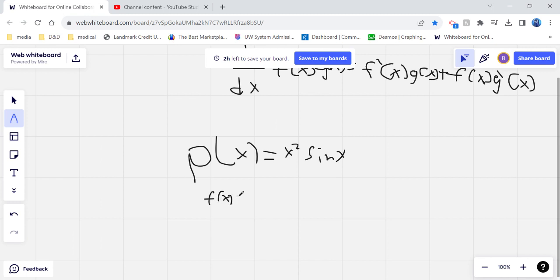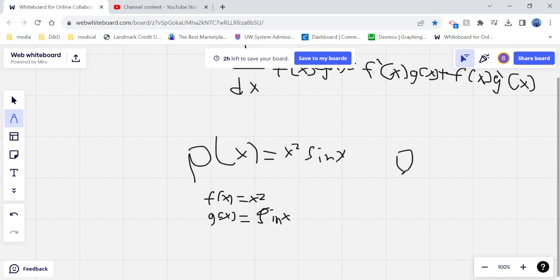So you'd say that f of x would equal x squared, and g of x would equal sine of x. We're not taking the derivative yet. I got a little ahead of myself there, right? Because this function is like the product of two sub-functions in a way.